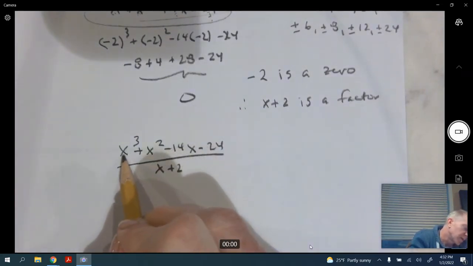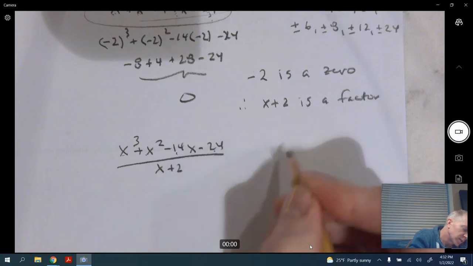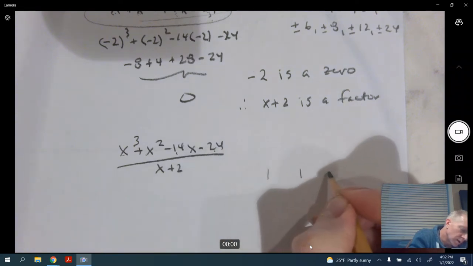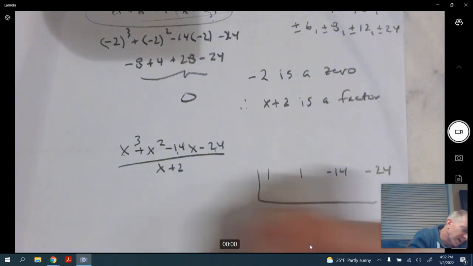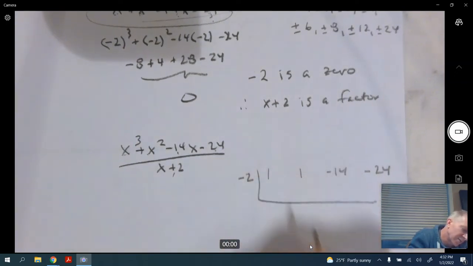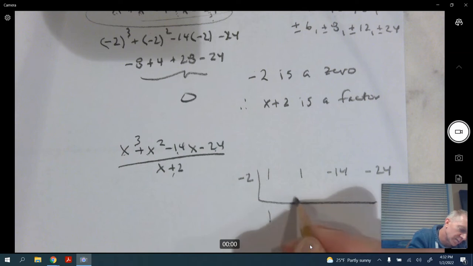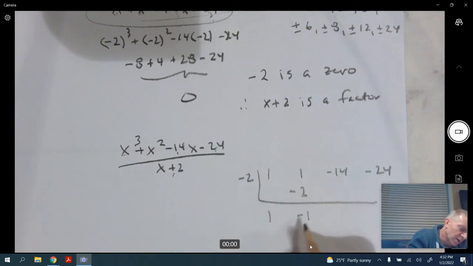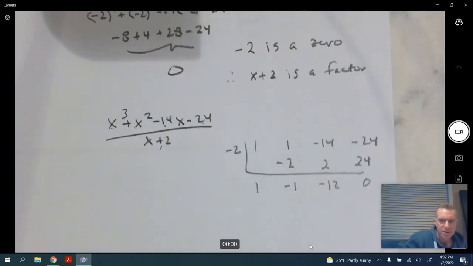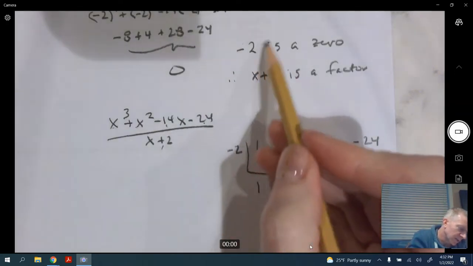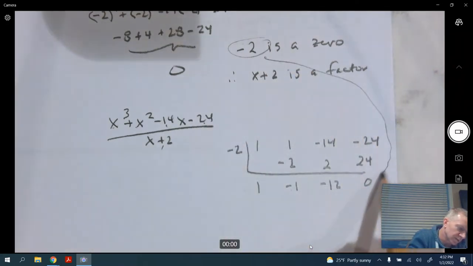We take the coefficients 1, 1, negative 14, negative 24, and we're dividing by x plus 2, so we put a negative 2 up here, bring down the 1. 1 times negative 2 is negative 2. Add these, negative 1. Multiply these, positive 2. Add these, negative 12. Multiply these, positive 24. And we get 0. It shows us, in fact, that plugging in a negative 2 does give us 0.